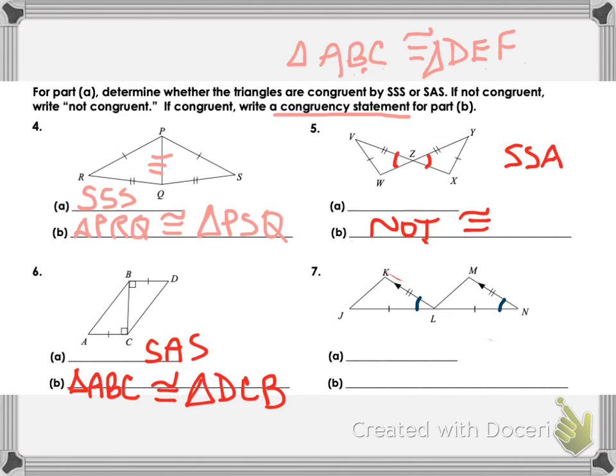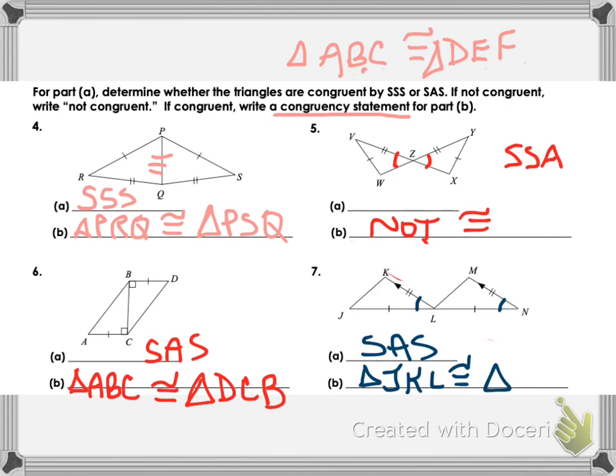And so we have side, angle, side. So triangle JKL would be congruent to, we have to be careful here. We've got to notice which sides are congruent. It's actually going to be JK and LM would be the same.